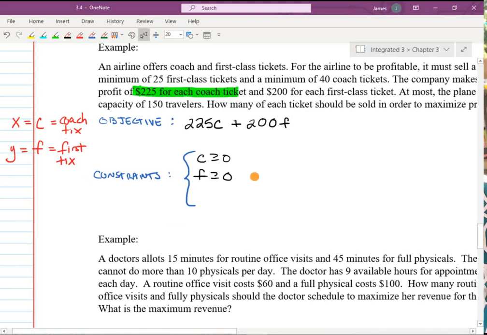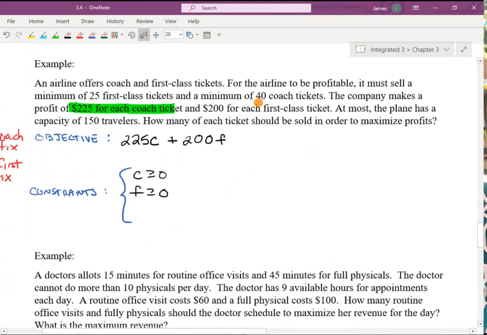Now there's some other things in here that are limiting me on capacity and the number of tickets I have to sell. It says it must sell a minimum of 25 first class tickets.